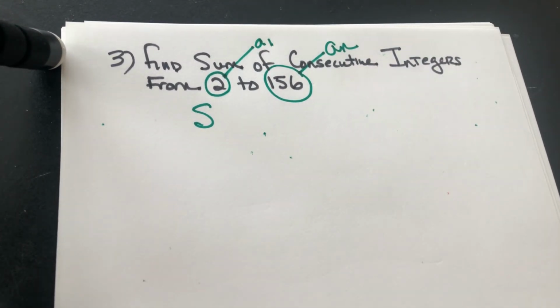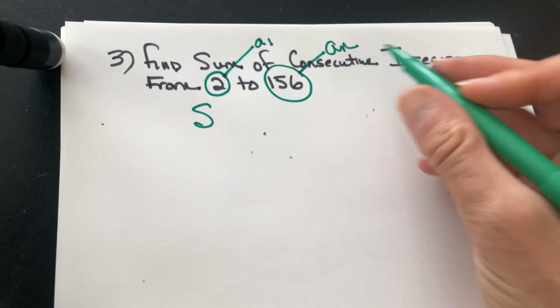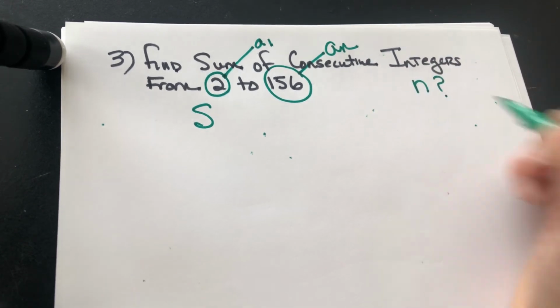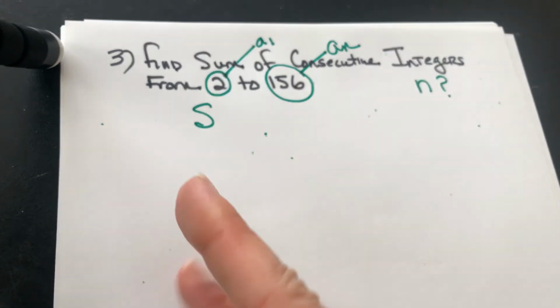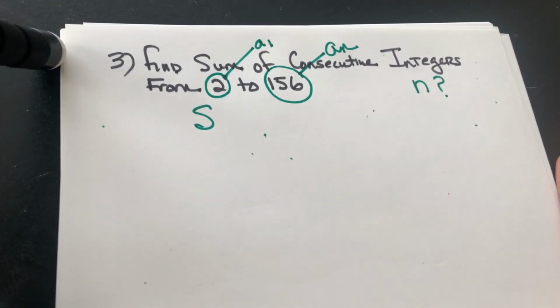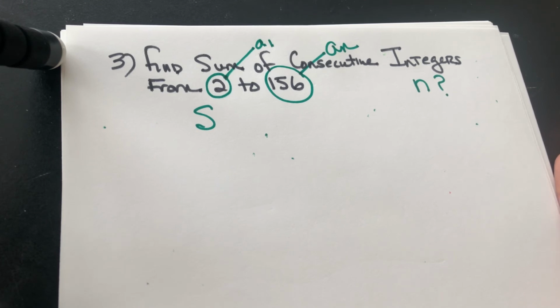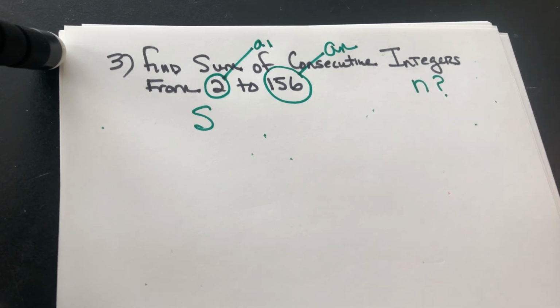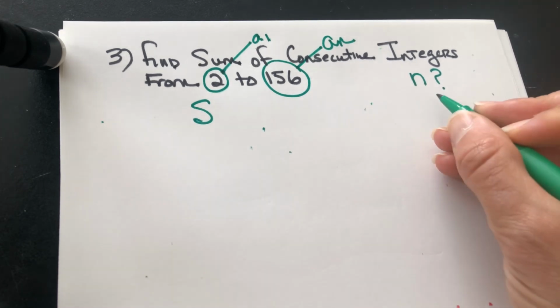You want to go from 2 to 156. So I have A1, I have AN. The question is how many terms is that? From 2 to 156, including 156: from 1 to 156 is 156, so from 2 to 156 is 155.